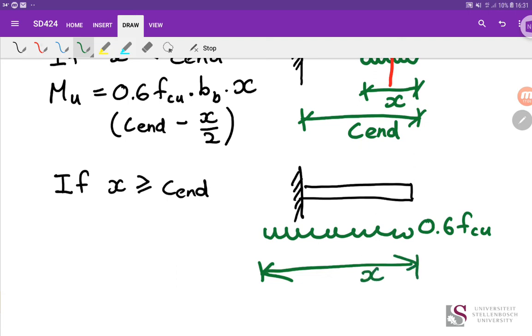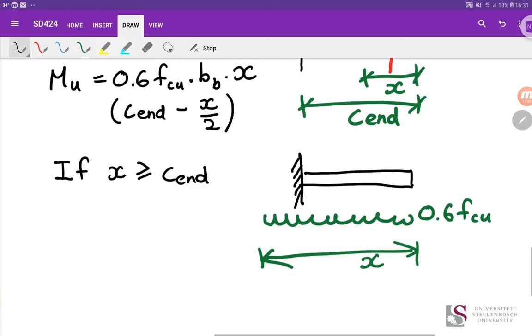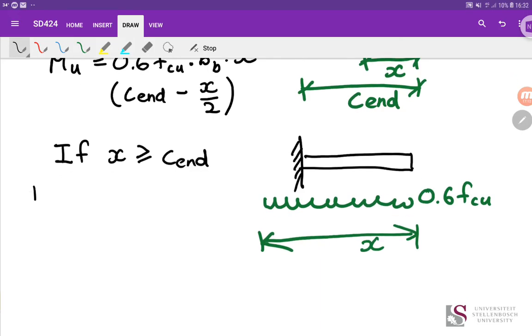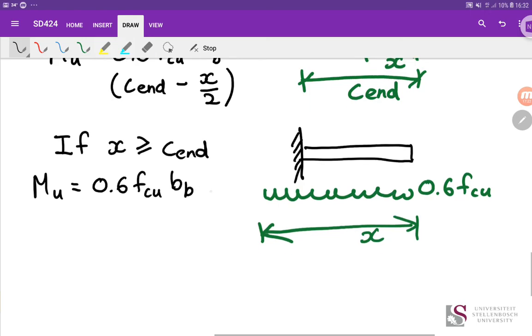We only use now what is outside of this zone, meaning that our moment is 60% times our breadth times now c end times the lever arm, which is c end over 2.